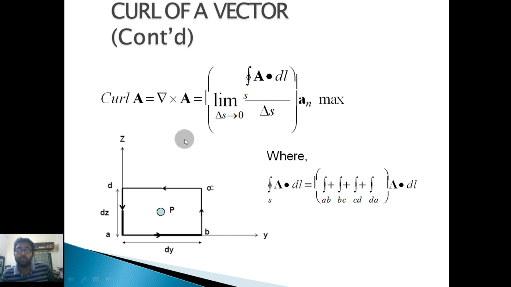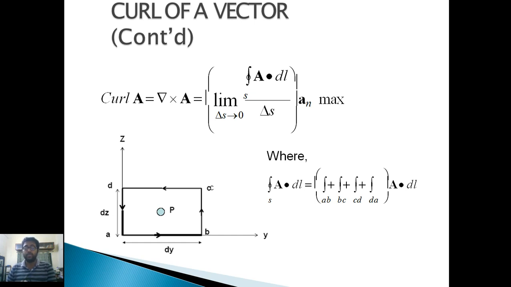Now in the case of the curl of a vector, the direction will be normal to the surface. As we have taken a closed integral of A dot dl, we have a surface. The direction of the curl of that vector will always be normal to the surface. Suppose we have taken a surface in which this vector A is continuous.